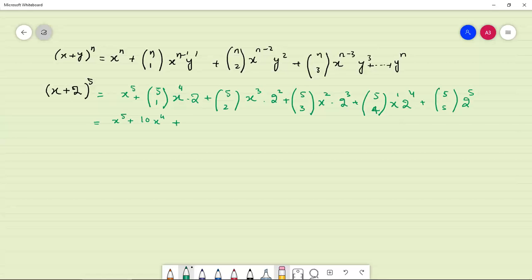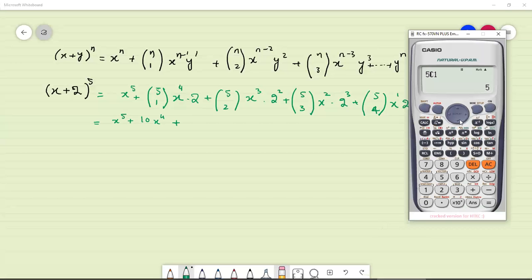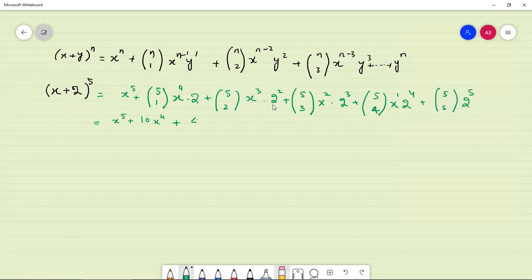5C2. How can we find 5C2? Just put 5 and then C2, which is equal to 10. So 10 multiplied by 4 would become 40x cubed, plus 5C3.